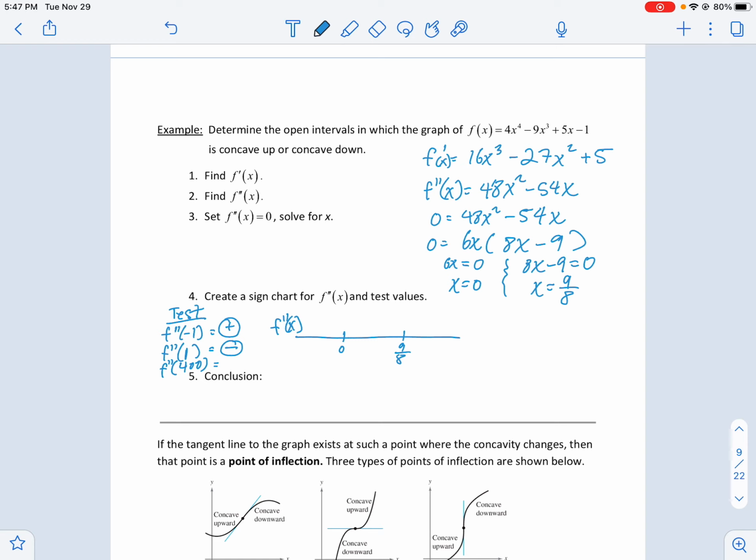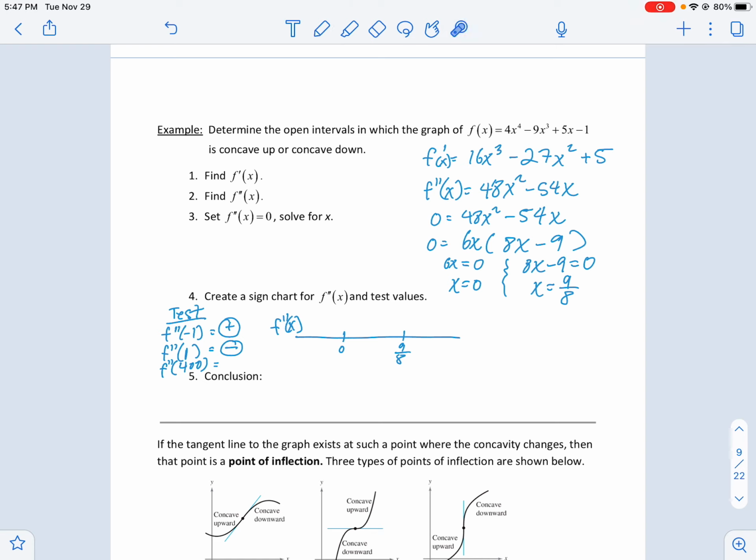Now, last value, 400. I plug in 400 because it's any number after 9/8. So plugging in 400, 400 squared is a huge number, and it's a positive number, so it really doesn't matter that this is going to be negative, because this number, when I plug in that 400, is going to be so massive, it makes this a marginal change.